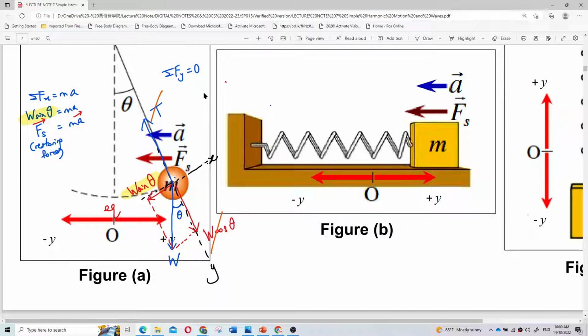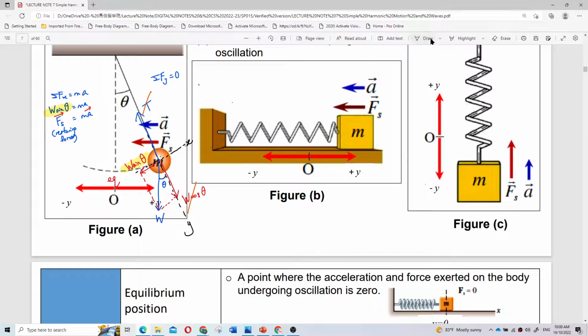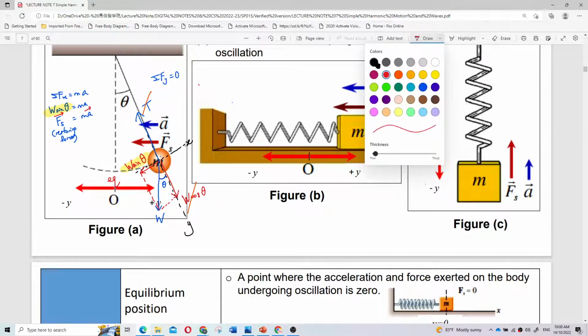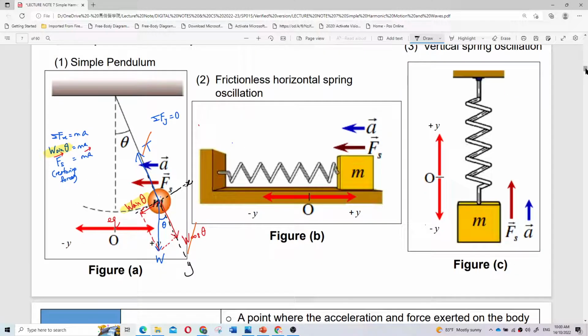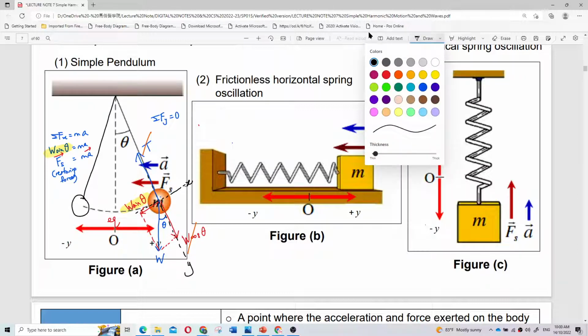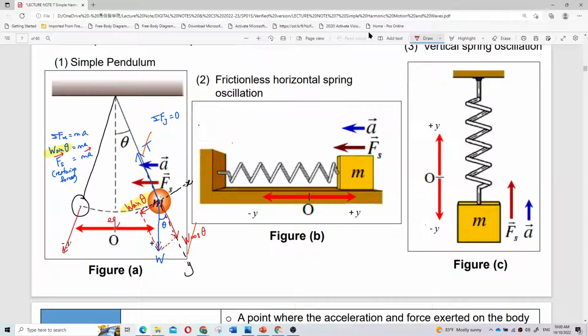Kalau pendulum di sini, macam mana? Kau boleh bayang sendirilah kan? So ini dia punya W di sini kan, betul tak?